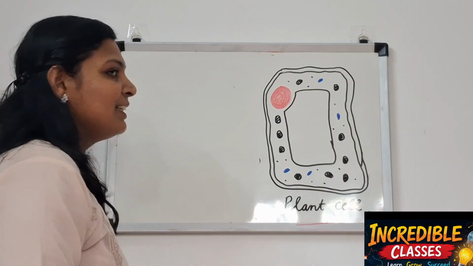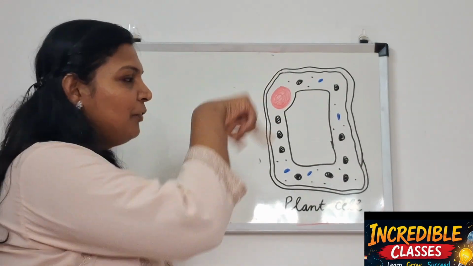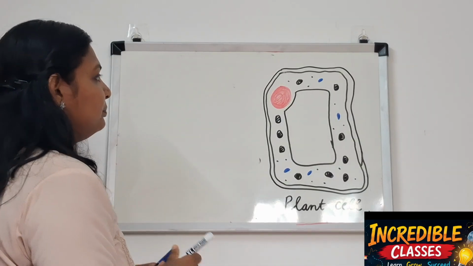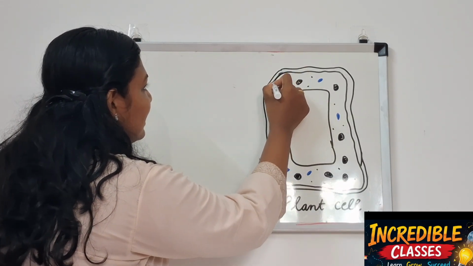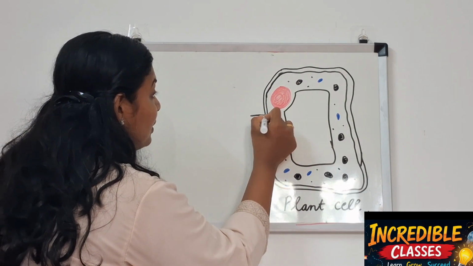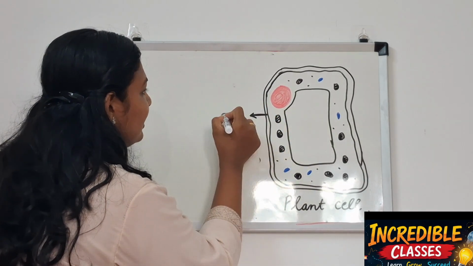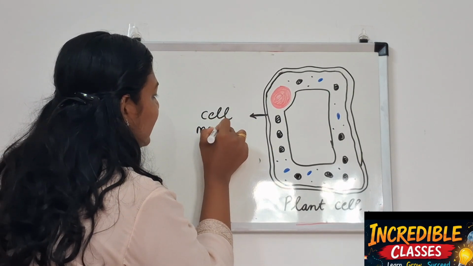So basic things they will have. What are the basic things? First, cell membrane, nucleus and cytoplasm. We will find where it is. This inner layer, not the outer layer, is the cell membrane.